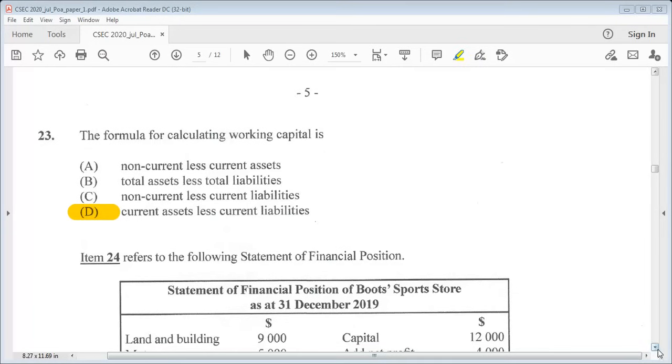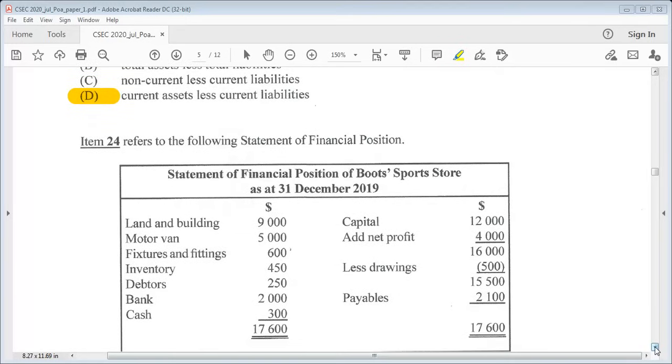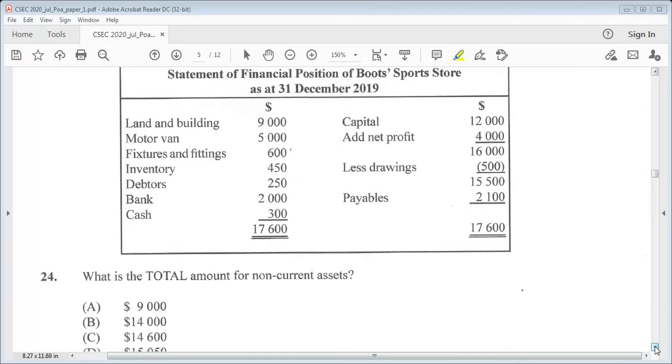24 says, Item 24 refers to the following statement of financial position. Okay, so we have land and building, motor van, fixtures and fittings, inventory, debtors, bank, cash, capital, drawings and payables. All right. It says, what is the total amount for non-current assets?